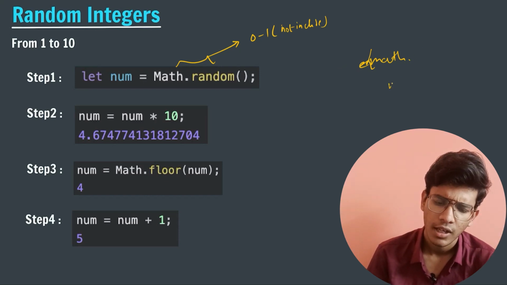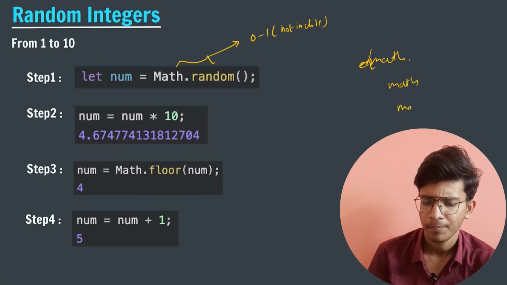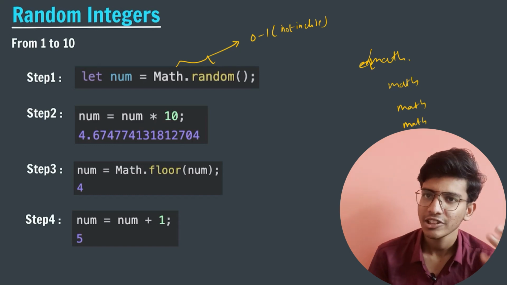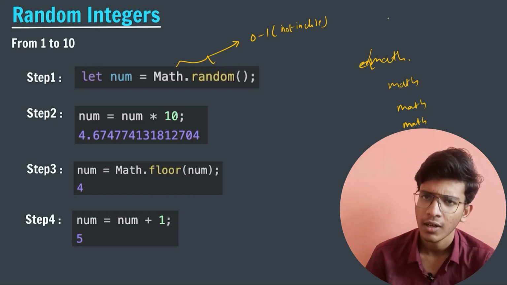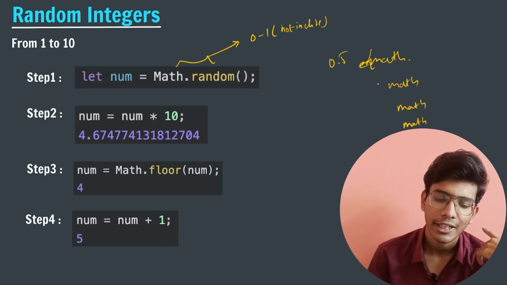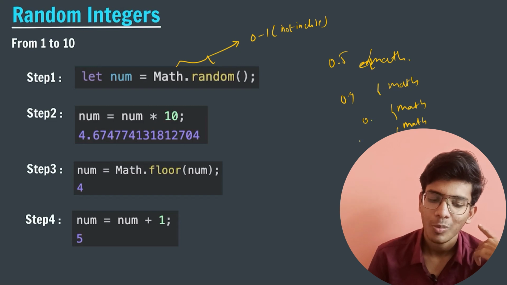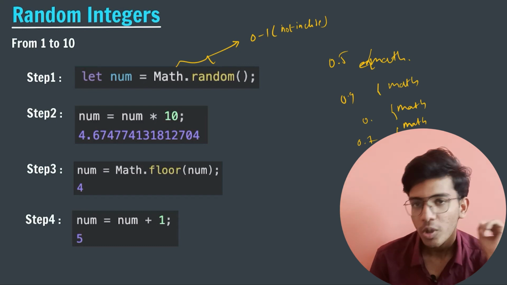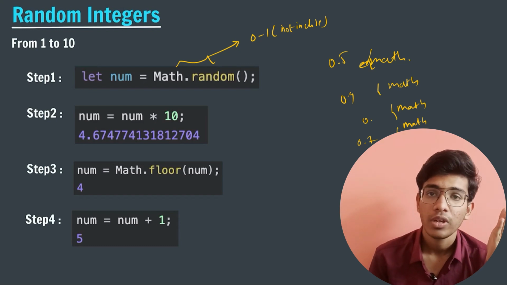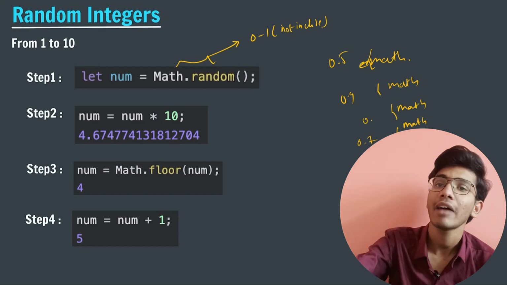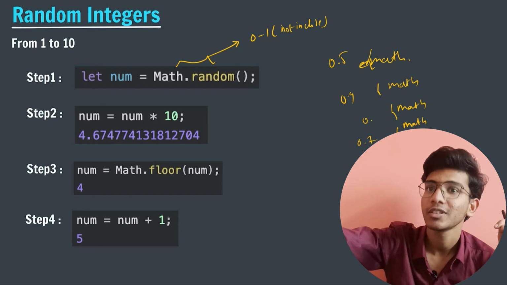If the first time it has given 0.5, second time 0.9, and then 0.7, 0.75, something like that. So we can have a value equal to 0, but we will never have a value equal to 1. 1 is not included.